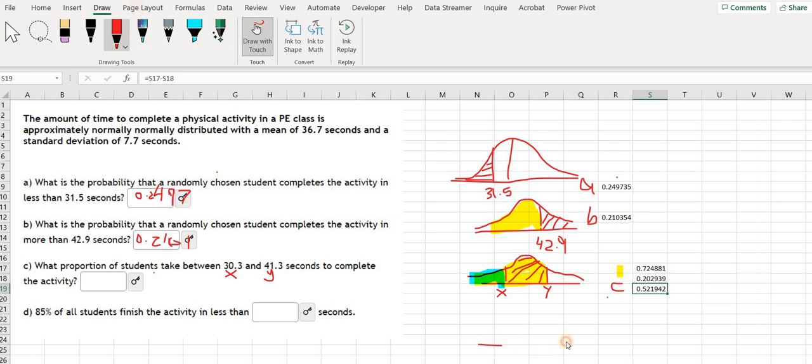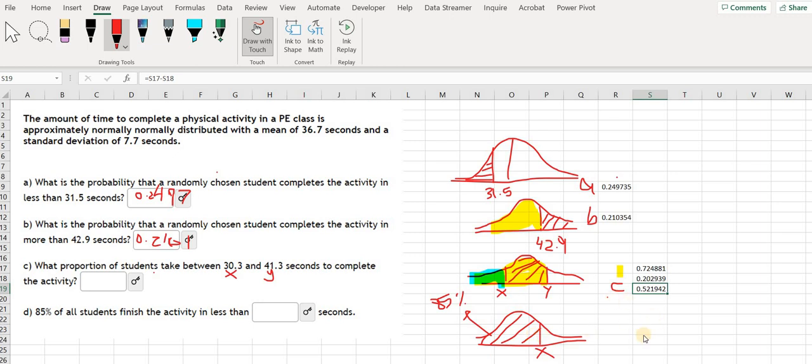Visualizing is very important in these types of questions. 85% is approximately all of this area. It's more than half, so this is 85%.